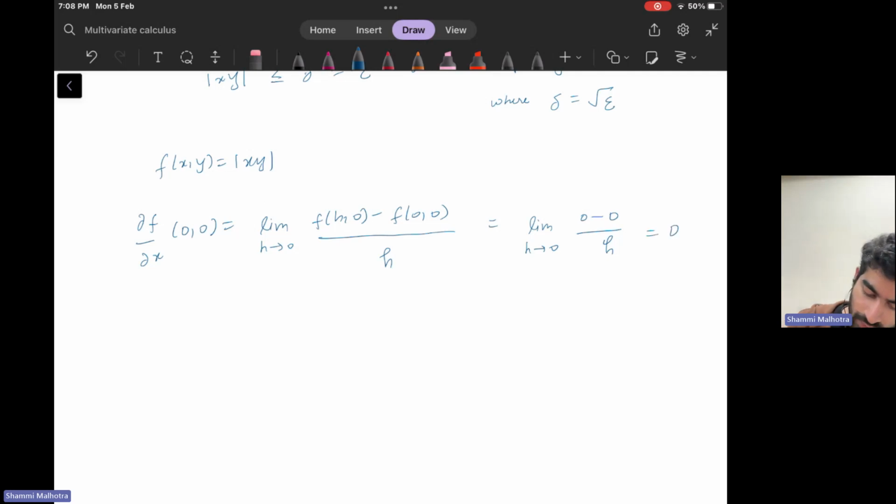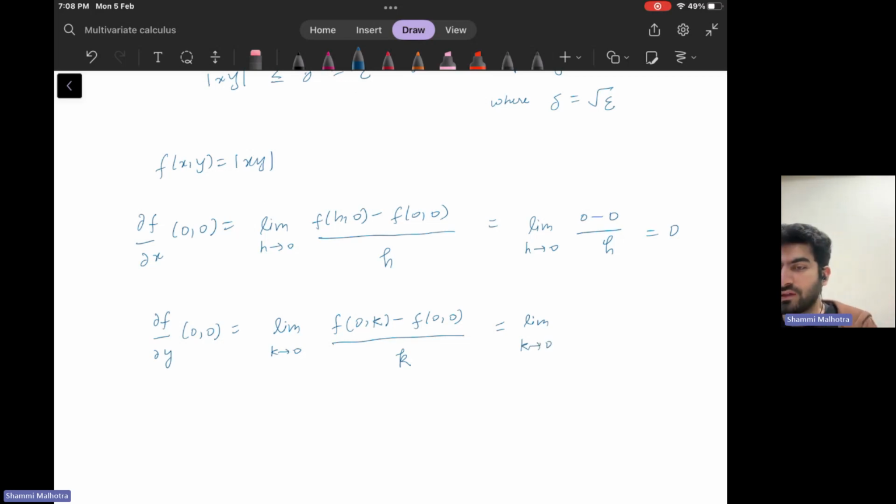This is 0. And likewise, if I need to calculate del f by del y at 0, 0, this will be the limit k tending towards 0 of f(0, k) minus f(0, 0), whole divided by k. But again, the functional value at (0, k) is again 0. So this is 0 minus 0 whole divided by k, sorry.